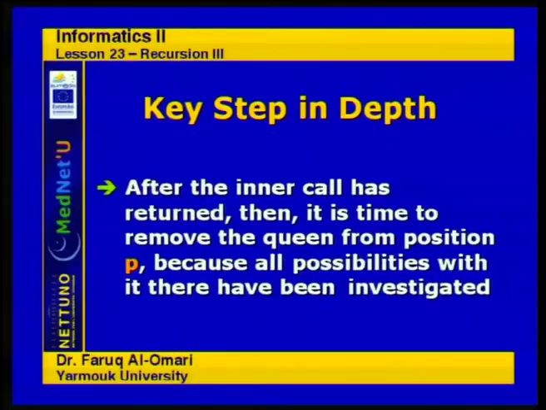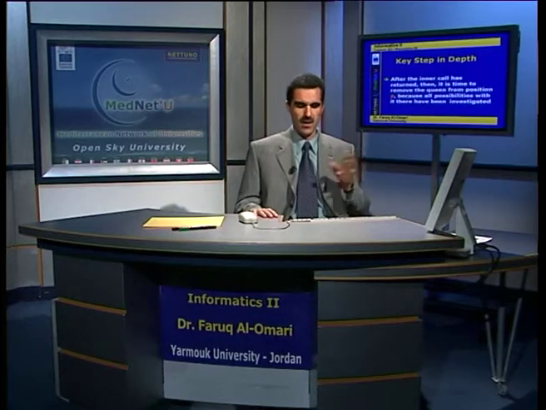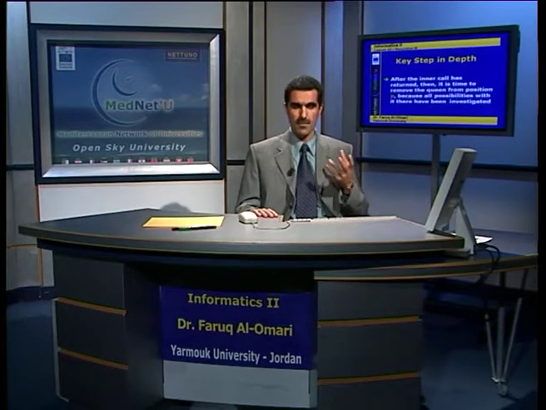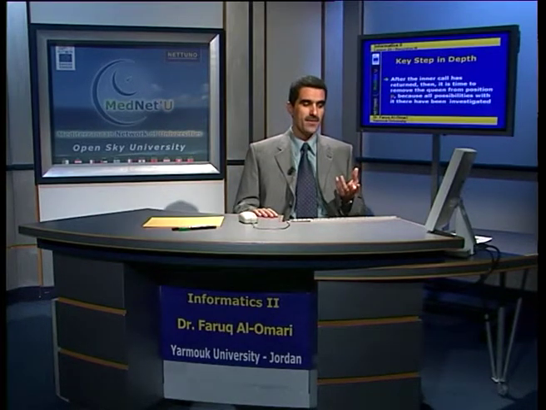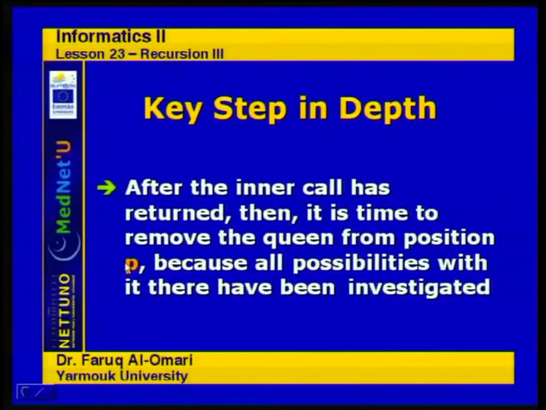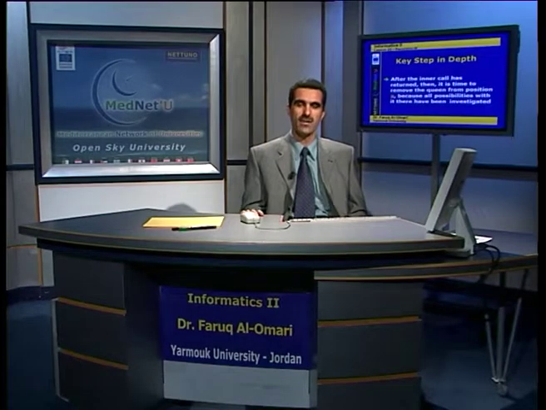So after the inner call has returned, it is time to remove the queen from position P. If I return from this inner loop, that means there are no more possible situations where I can end up with a solution, then I have to remove the queen that I have already added at position P, because placing this queen at this position P is not going to lead later on to a final solution where I have 8 queens on the chessboard.